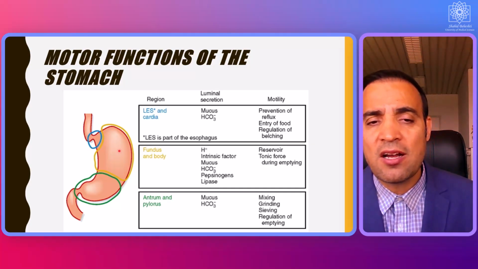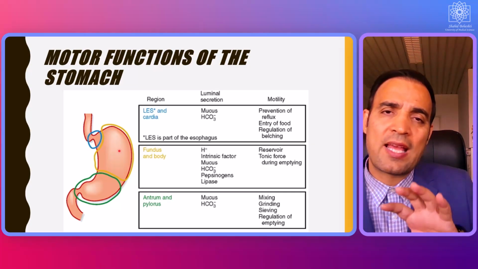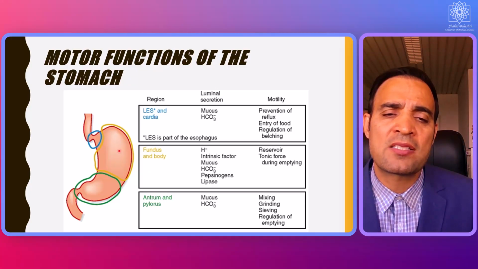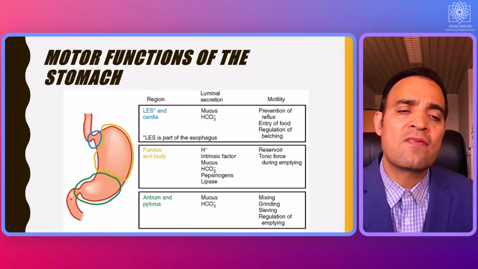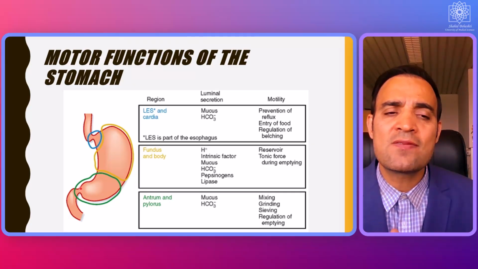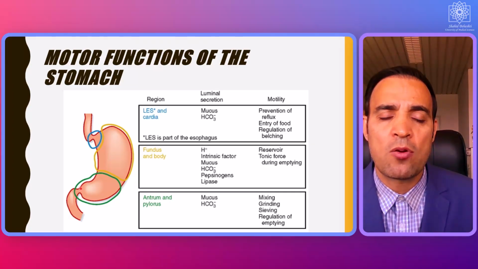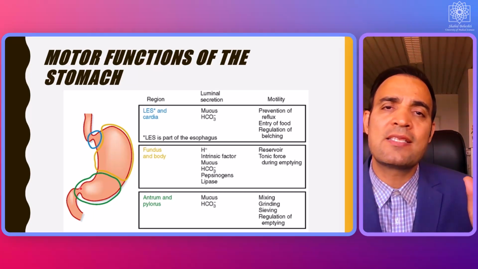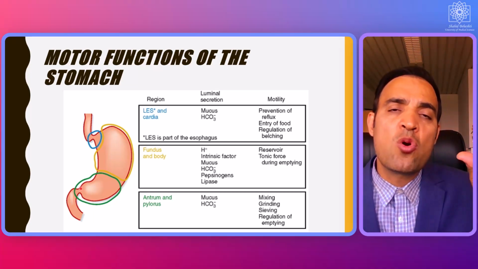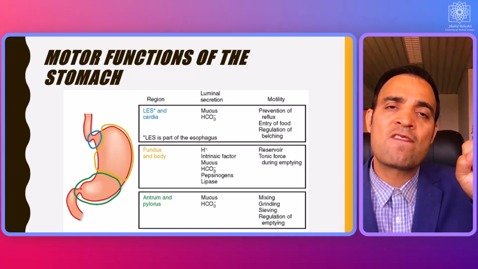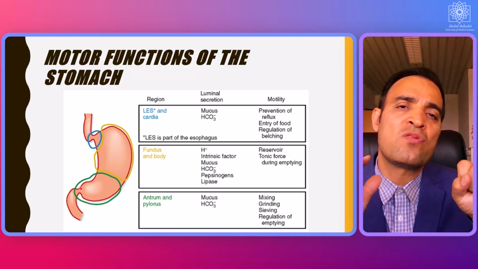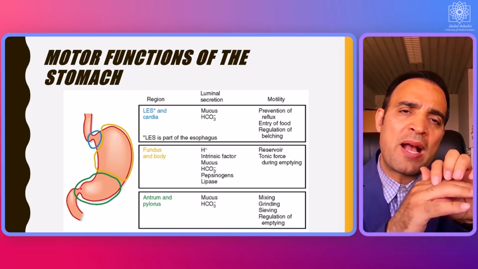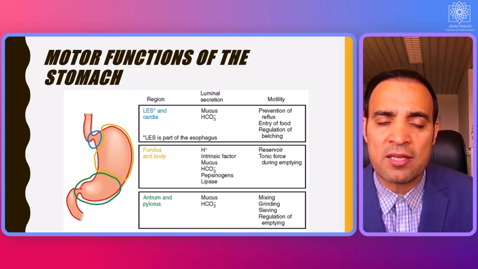Finally, we have the antrum, the end part of the stomach, and another sphincter. This sphincter is named the pylorus. This pyloric sphincter again follows the principle of other sphincters. Normally, it is contracted. When it is stimulated to pass the food, it will relax and allow some content to pass, and then again it will be contracted.